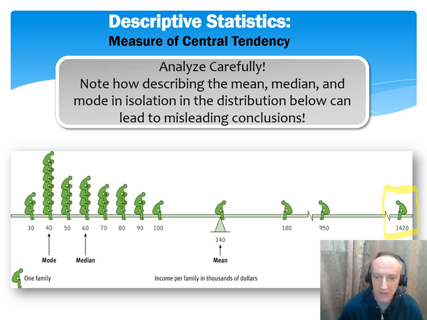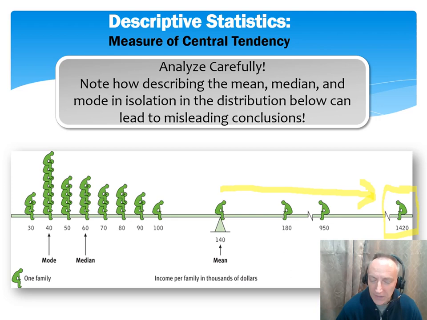Then that means when I calculate that mean, he's pulled in that direction. So if I were to come back to you and say, okay, I did this survey on the mean family income of college students or whatever, and the mean is $140,000, you might think, who are you talking about? Have you seen the lines in the financial aid office? That doesn't sound much like anybody I know.